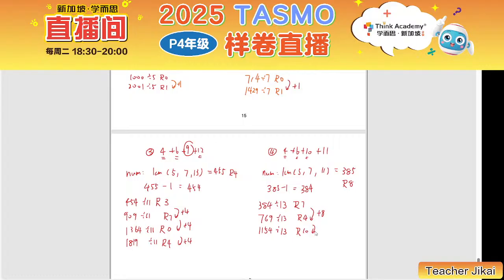It's remainder 10, plus an 8. And again, you plus a 385, 1539 divided by 13, remainder 5. And 1924 divided by 13, remainder 1, right? Plus 8, plus 8.